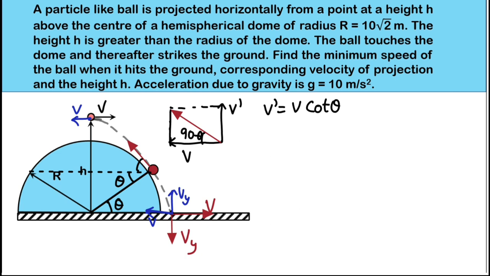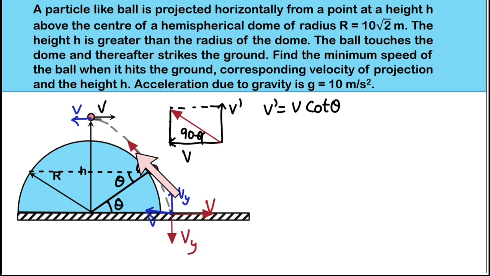Now, if you just see here, this part of the projectile from this position to this position. At this position, since the velocity is only horizontal, we can assume this position is actually the position of maximum height, because at the maximum height position, the velocity becomes horizontal, right?